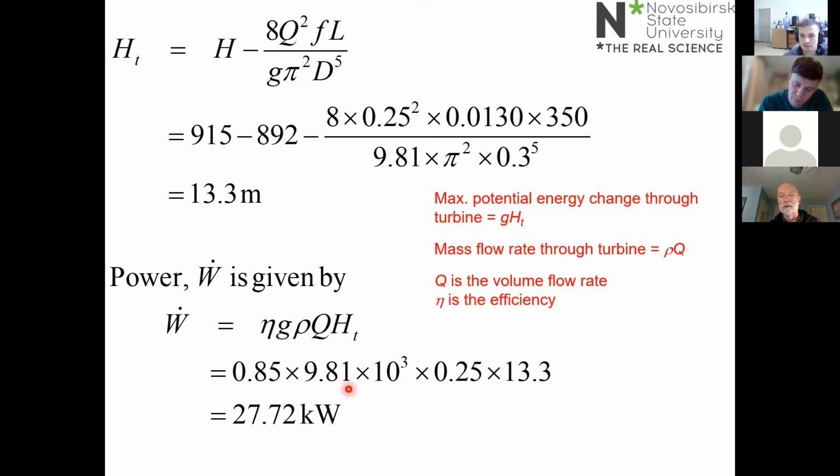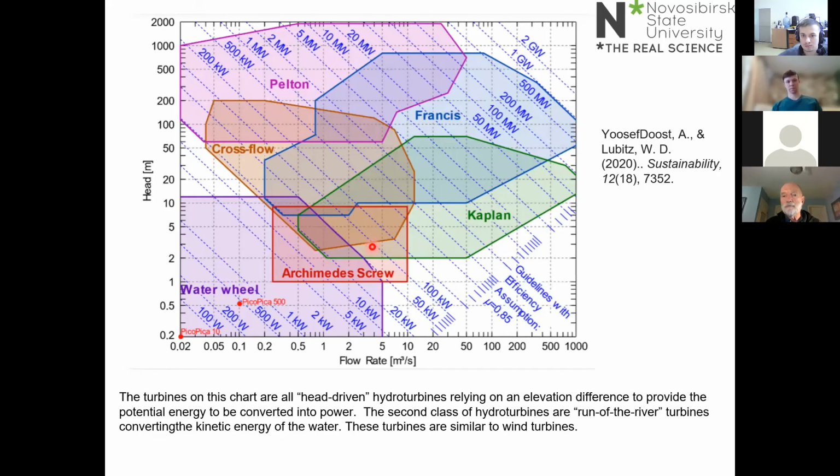And we just plug the numbers in and get the power output. So I've got a few very simple calculations of turbine performance based on these simple equations, basically just to give you some sense of how important the frictional losses are, and also what is typical performance of these sorts of turbines.